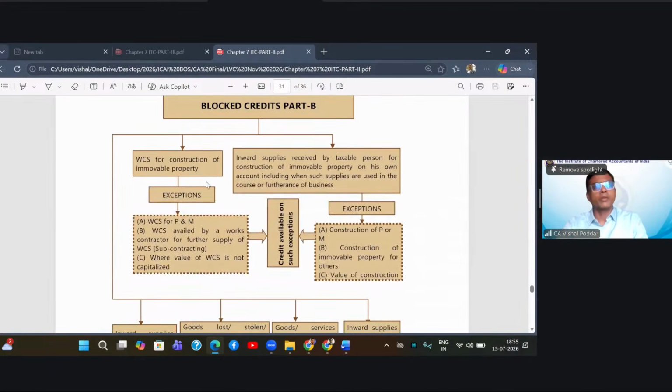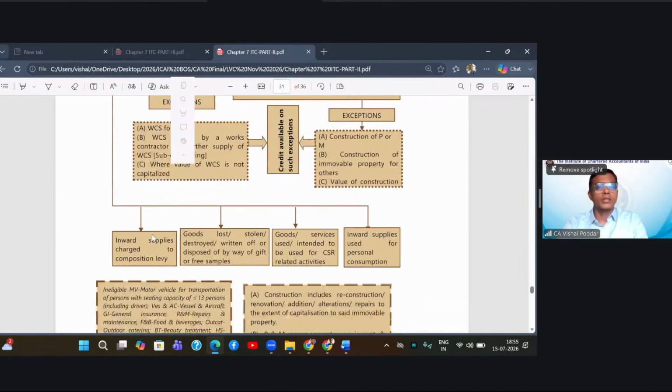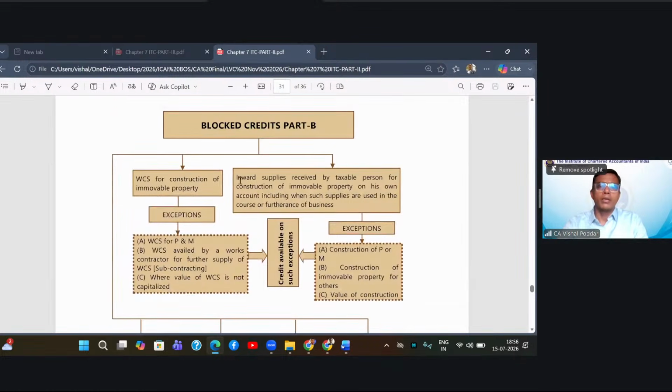Now, in the list of credits, there is one very important credit, that is where you are taking inward works contract service. Whenever you are taking inward works contract service or you are buying goods and services, and both these things are used for construction of immobile property. So first, you have taken works contract service.